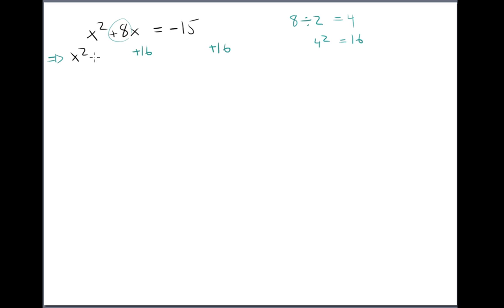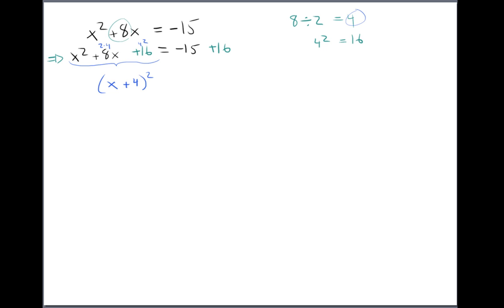So we'll have x squared plus 8x plus 16 is equal to negative 15 plus 16. Okay, now this right here is a perfect square, and this is going to become 4, right? So plus 4. x plus 4 squared, because 4 squared is 16. 4 times 2 is 8.